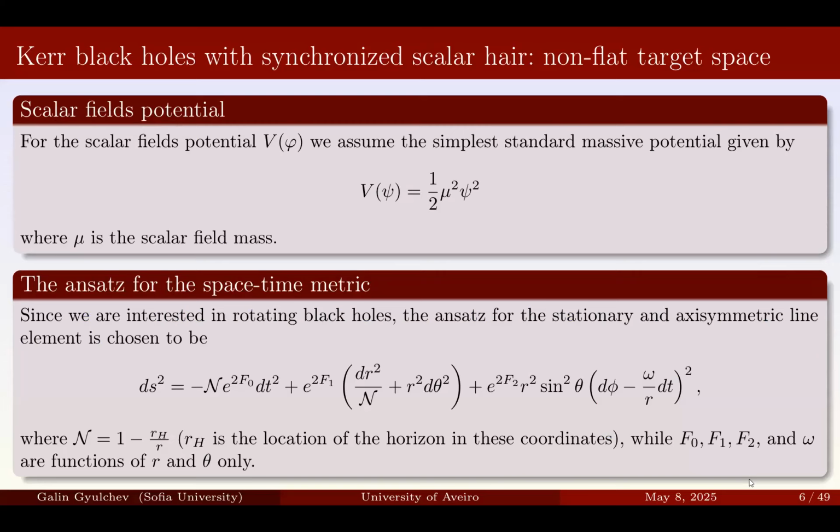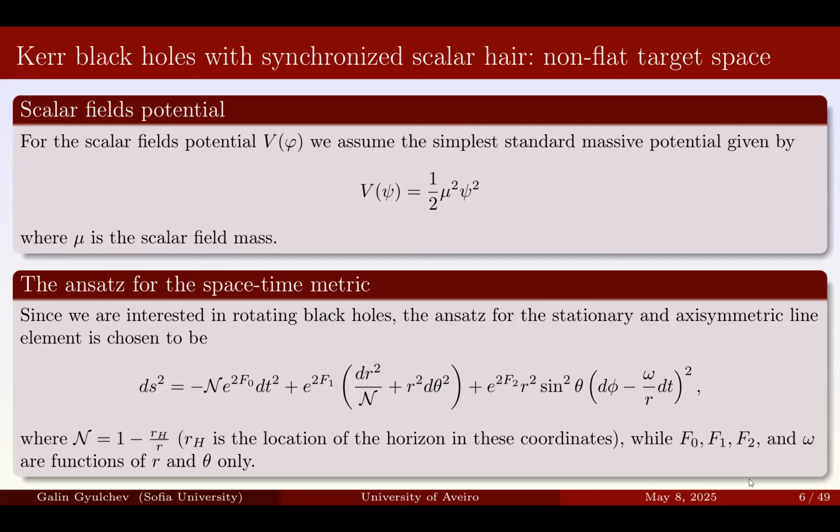So the potential is chosen to be in this form here, where mu is the mass of the scalar field, and every one of the observational quantities which we are going to consider hereafter will be taken for an arbitrary mass of the field.